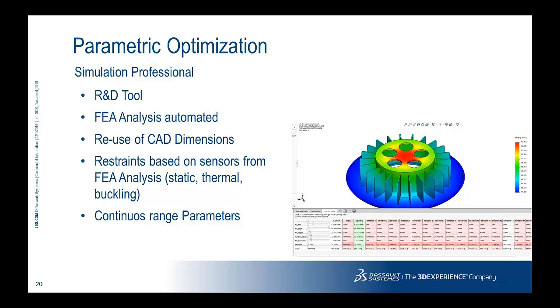The restraints are based on sensors, so you can define, for example, the maximum displacement on a static analysis, or the temperature on a given point, or the buckling load factor, whatever you want. And you can also define a continuous range of the parameters. So you don't have to define each different value. You can just define, for example, the thickness from 1 millimeter to 10 millimeter, and the software does the rest.